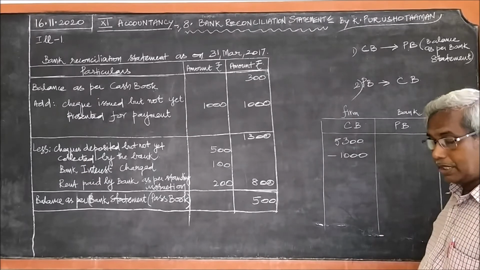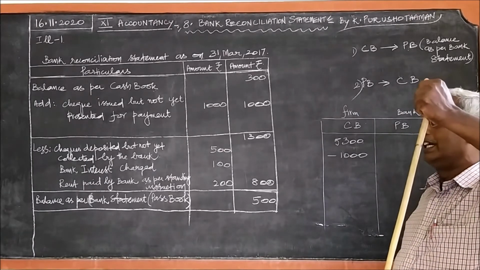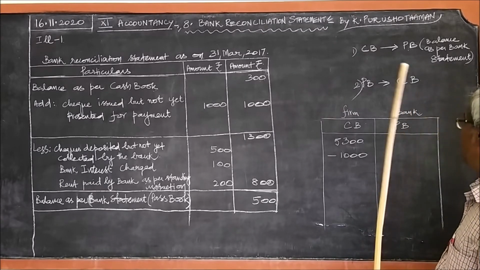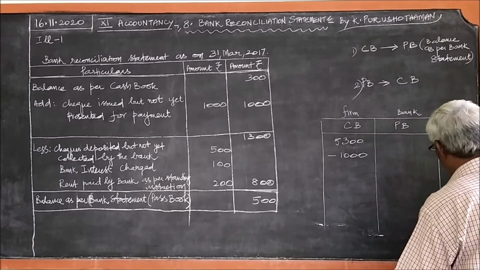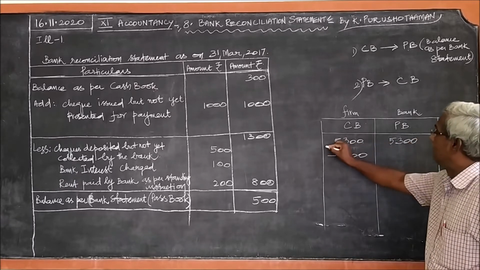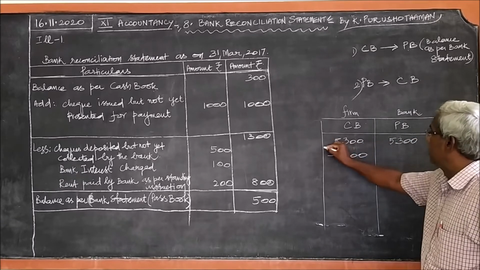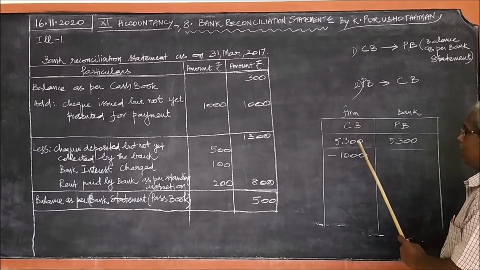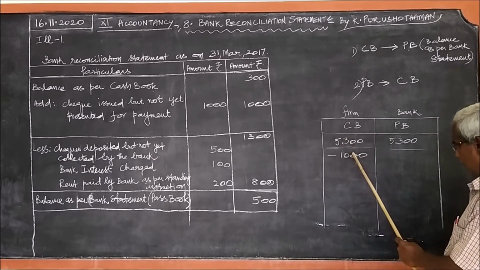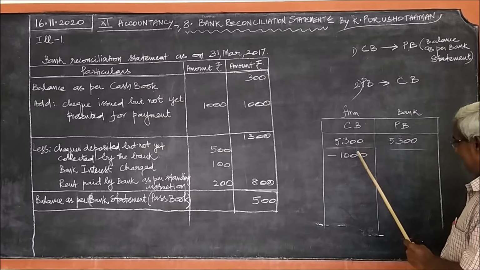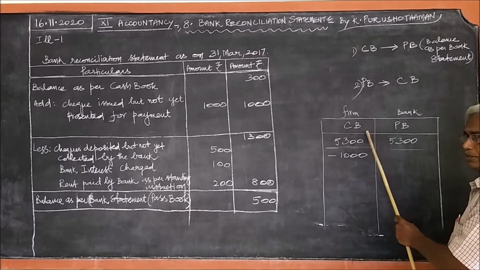Only when the party to whom we give the check takes it to the bank and encashes it will the balance reduce. And before that, the cash book balance and the passbook balance will remain the same. Here the check is issued, therefore the balance will be shown as reduced in the cash book.